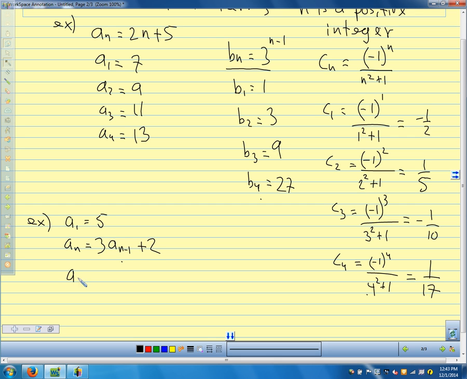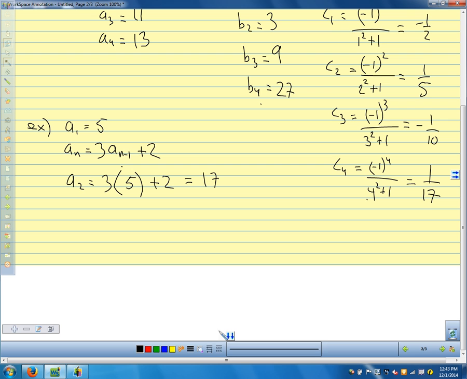So a sub 2 would be 3 times the previous term, 5, plus 2, which is 17. A sub 3, we plug in the previous term, 3 times 17, plus 2, and we get, what is that, 53?